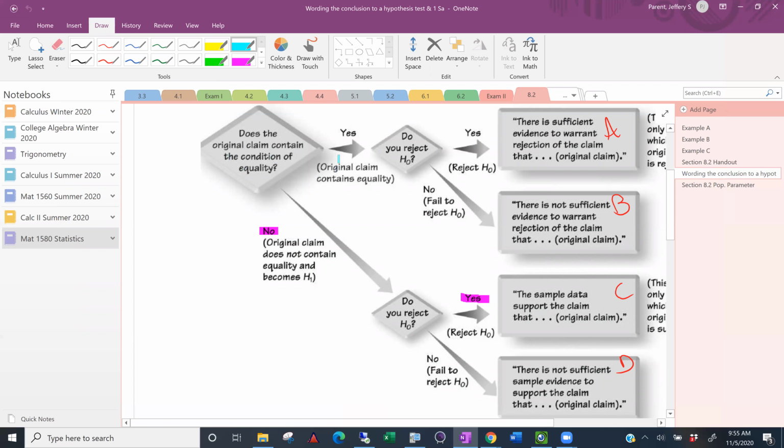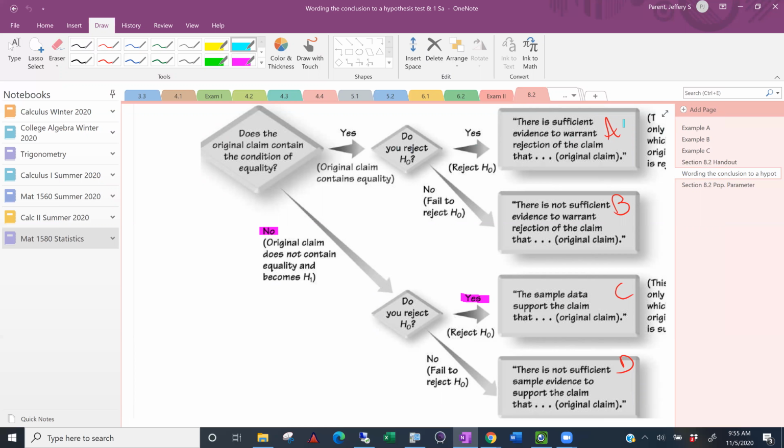Which branch should I take? Yes. So we'll go here. Did we reject H naught? Yes. So that brings us to here, A. So we're going to use A to write down our conclusion.